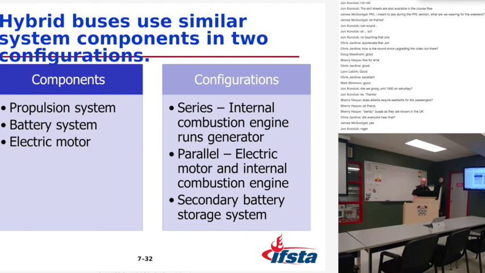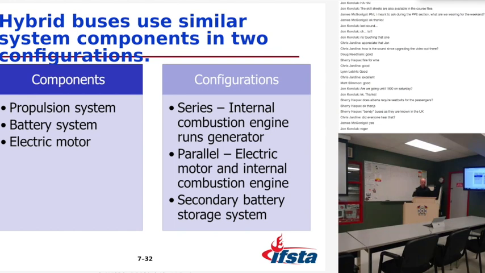Hybrid buses are designed to reduce hydrocarbon fuel consumption and improve air quality. System components can include a vehicle propulsion system, a diesel or gasoline-powered internal combustion engine, a battery system to store the electricity, and an electric motor used to run the bus on level terrain or in tunnels.